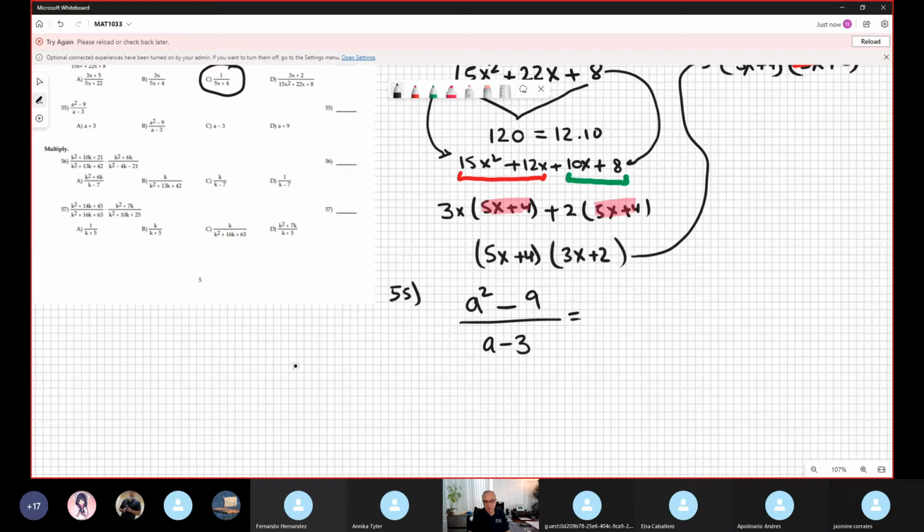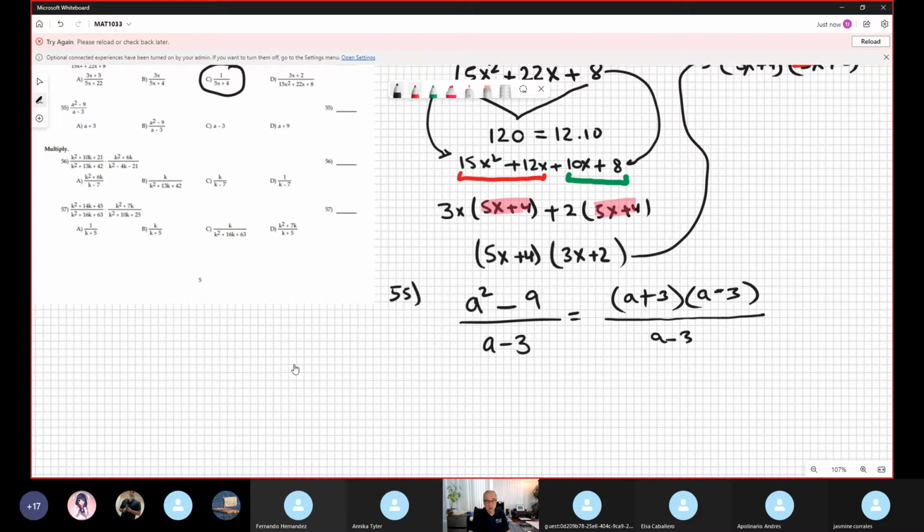At the top we have a difference of squares. I open two parentheses, the square root of a squared is a, and the square root of 9 is 3, with plus and minus. The bottom, nothing, because it's just an easy binomial, a minus 3. It's a, sorry, it could look like 8, but no, it's a.